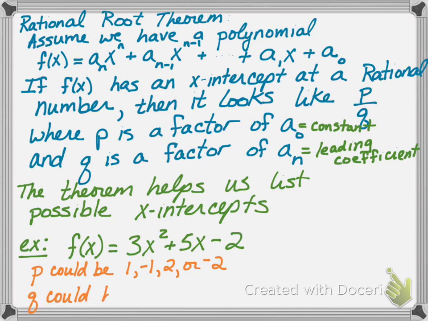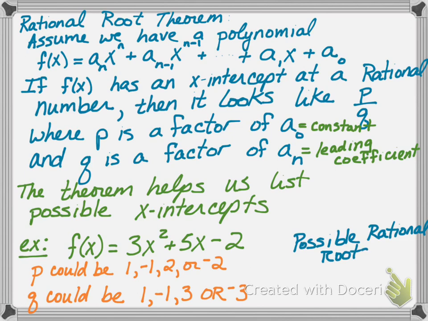The denominator could be all the factors of 3, 1, negative 1, 3, or negative 3, which means that all the possible rational roots are the fractions 1, 2, 1/3, and 2/3, but also negative 1, negative 2, negative 1/3, and negative 2/3. We have 8 possible rational roots.